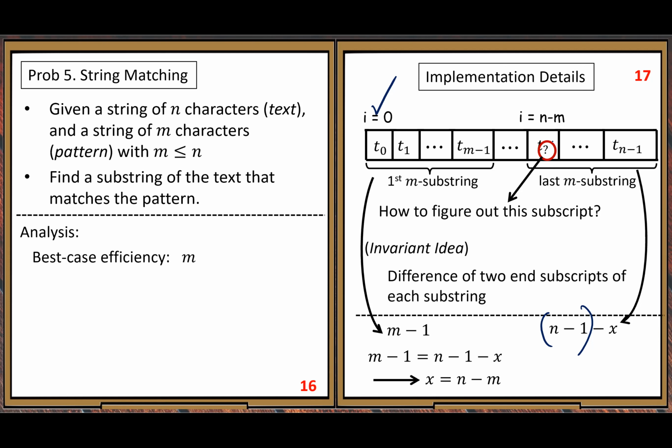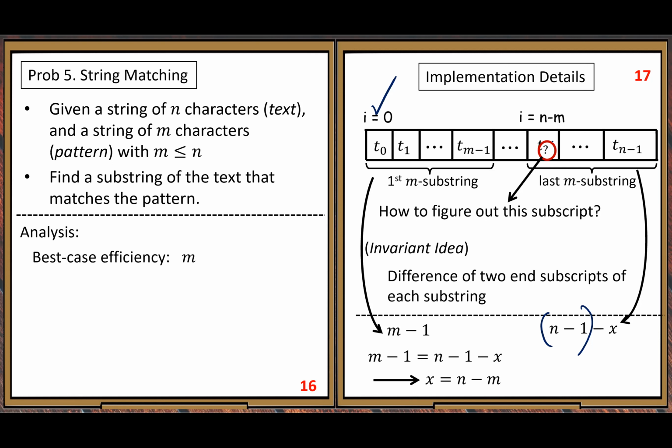For the best case, only M. When you take the first M substring, you match the pattern, you get a match for the given pattern, so you're done. Here we only find the first occurrence. If we need to find all the possible occurrences, then you need to keep looking for the second occurrence and so on.